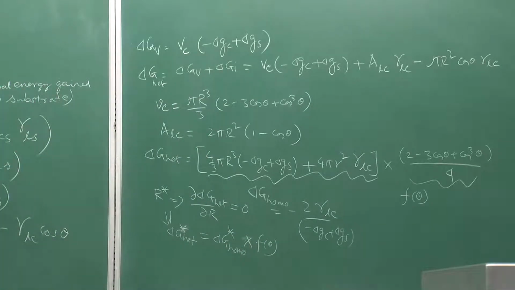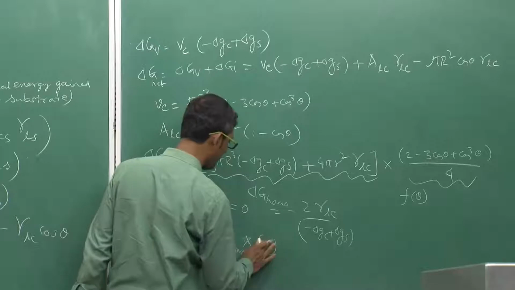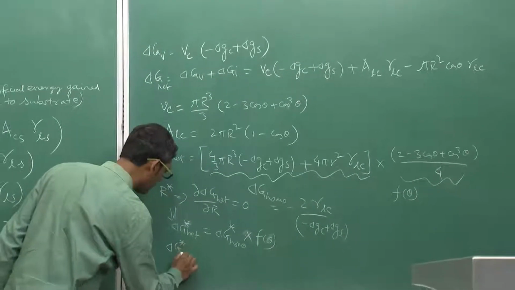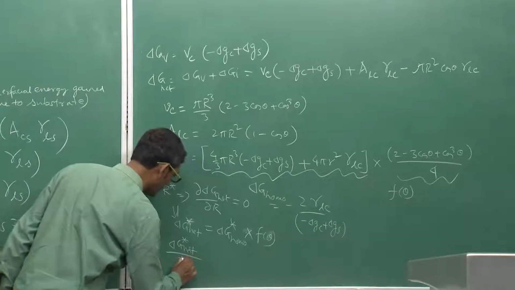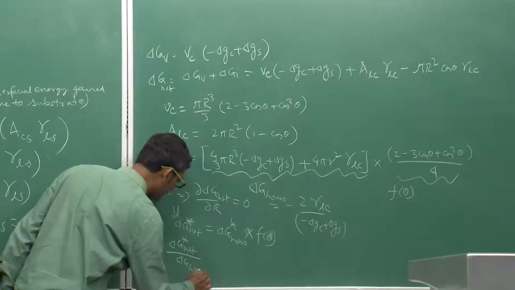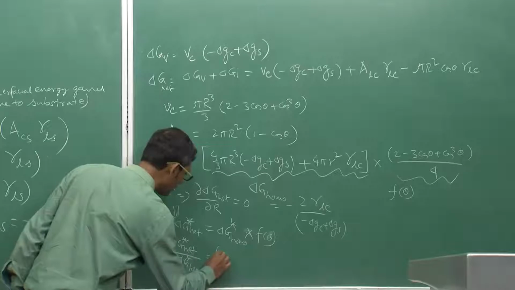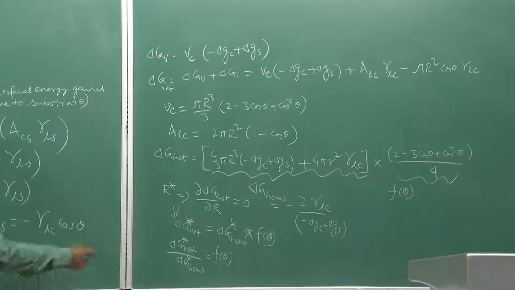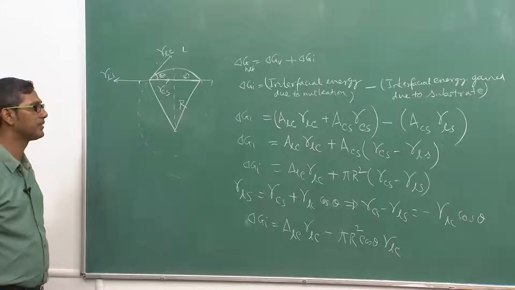So therefore you can clearly see that the height of the nucleation barrier for heterogeneous nucleation is a function of f theta when you compare with homogeneous nucleation. We will see all these things later.